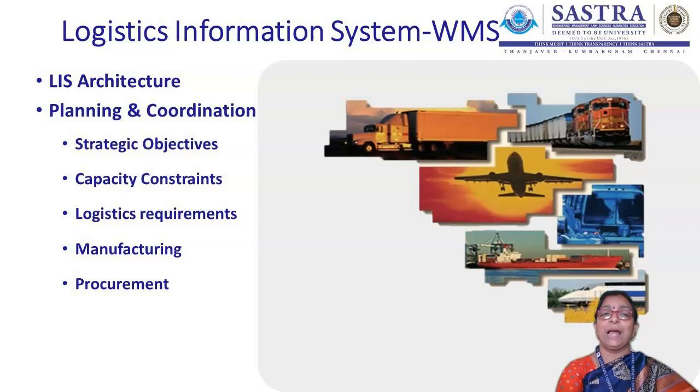Planning and coordination covers scheduling, procurement, production, and logistics resource allocation throughout the enterprise. The specific components may be the strategic objective, rationalization of capacity constraints, and the determination of logistics, manufacturing, and procurement requirements.